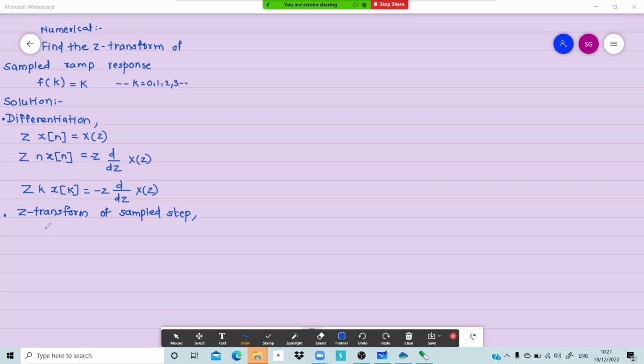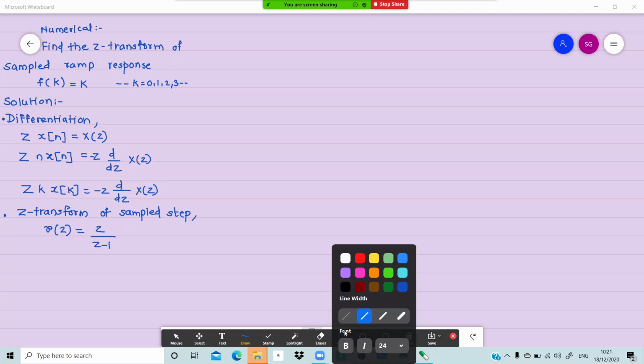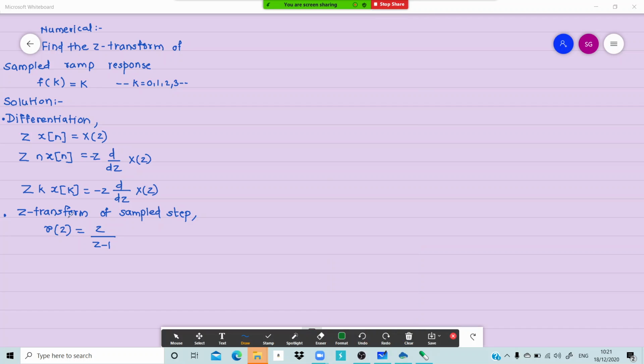We used to write it as Gamma z is equal to z upon z minus 1. So these are the two things which we are going to use to solve this numerical. Now see, what you want to calculate is f of k, which is k. So definitely I can write this as k multiplied by the unit step input, that is 1.